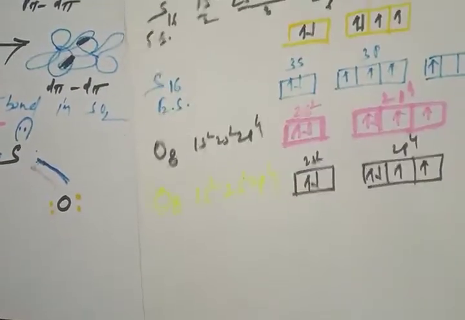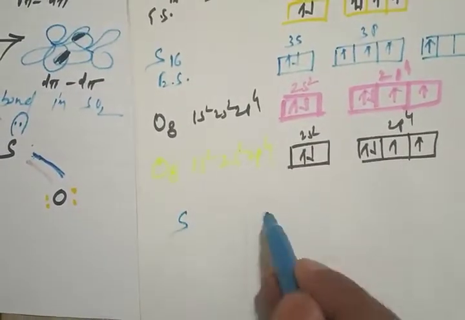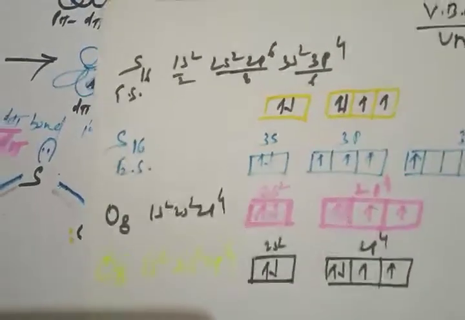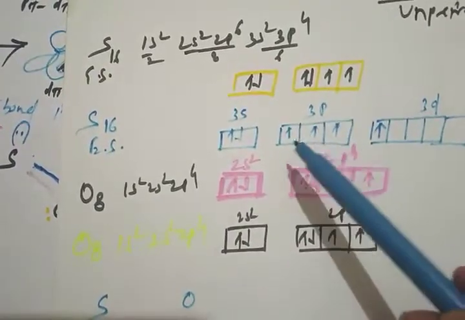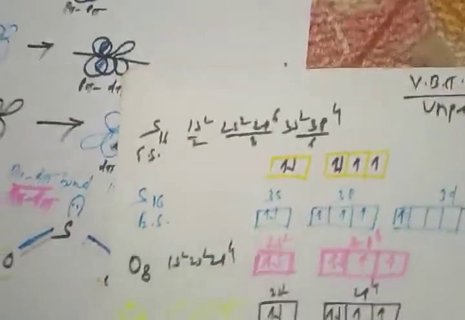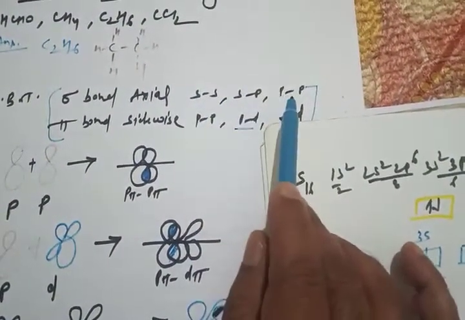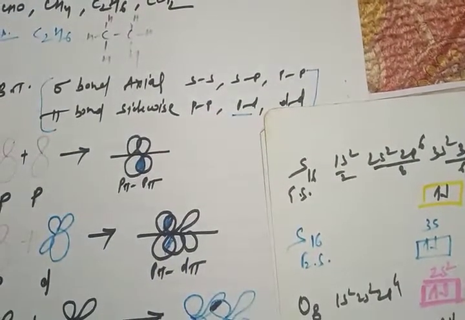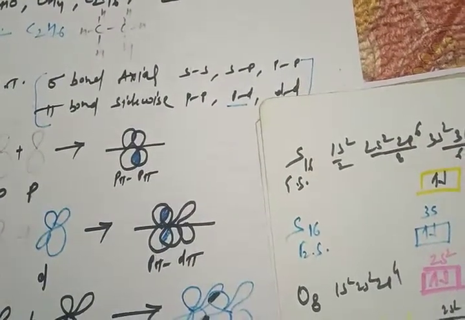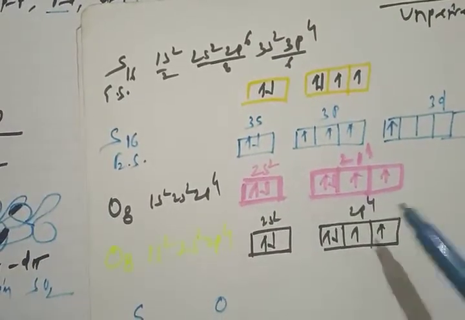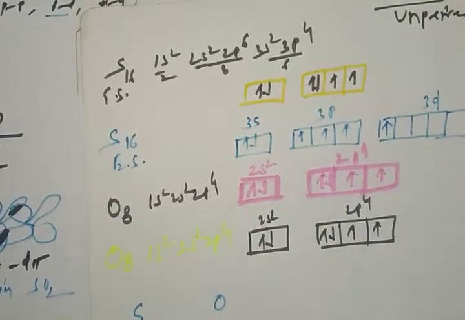Okay, so we'll draw the sulfur and oxygen. Now you just see that a sigma bond can form by SS, SP and also PP. We have unpaired electrons in P and D in the case of sulfur, and unpaired electrons in P in the case of oxygen.